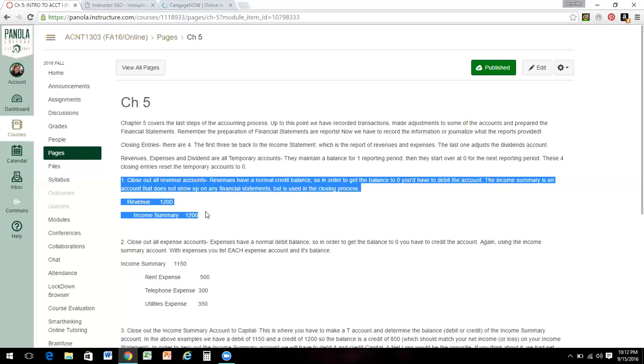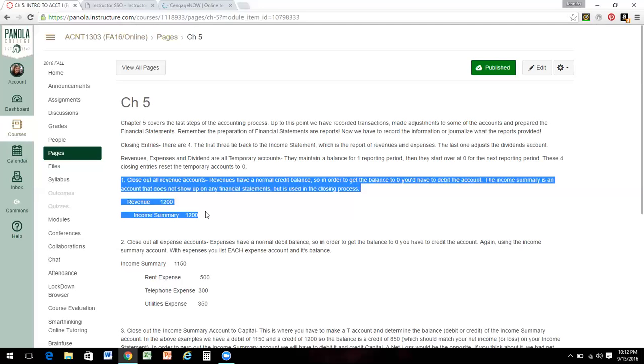Now, income summary is a new account to us. It is a temporary account. It is only used in this step, the closing entry step. So you will not see it listed on a trial balance. You will not see it in a financial statement. It's only used for this process. And it does not have a normal balance.